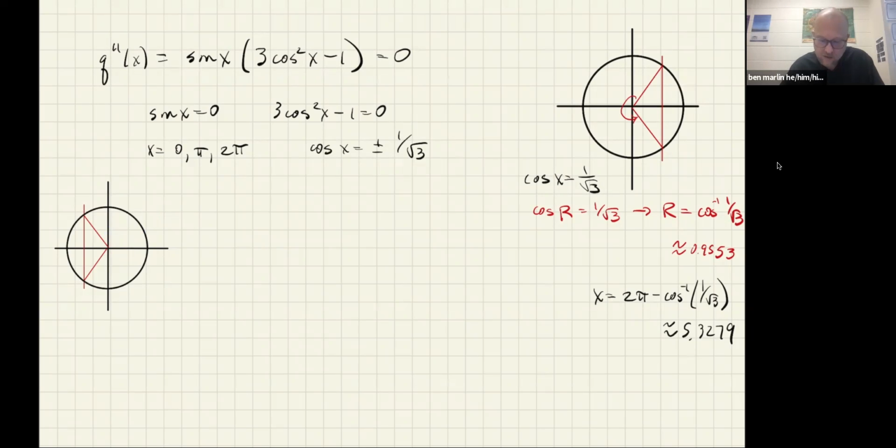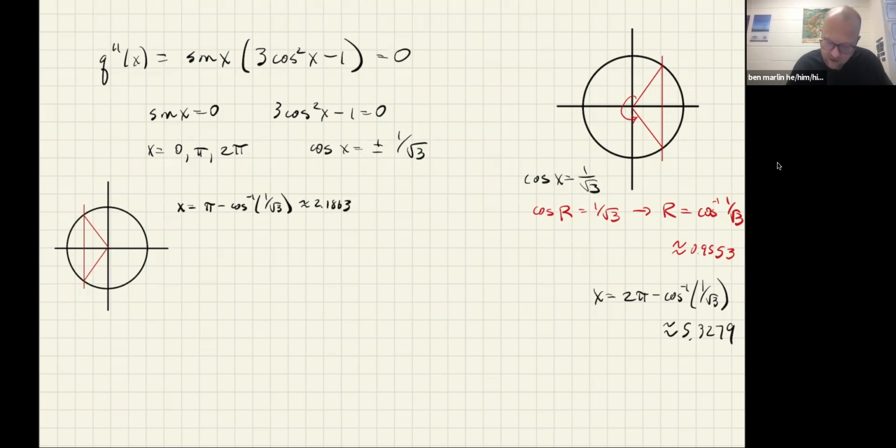All right. So for this, we're actually going to be able to reuse some of our work there. We're still going to have the same reference angle, but now we're going to get our x values to be pi minus this inverse cosine of 1 over root 3. And let's see, that's about 2.1863.